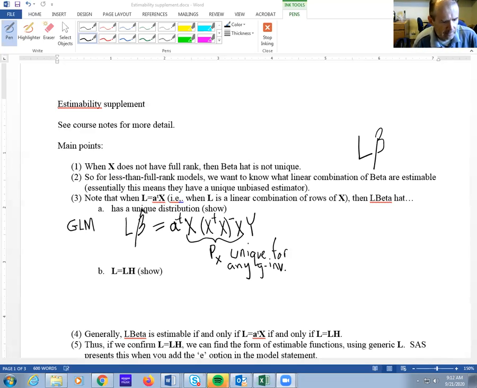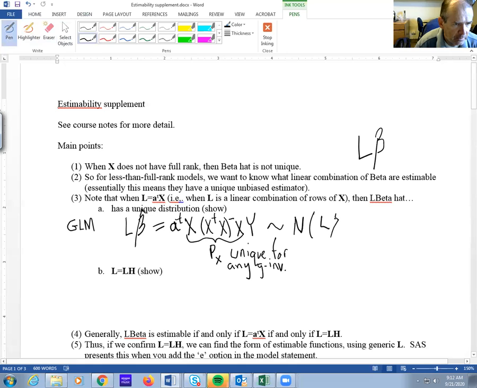So this thing, if we use that linear form result, we can show that it has a normal distribution, and its mean is L beta.